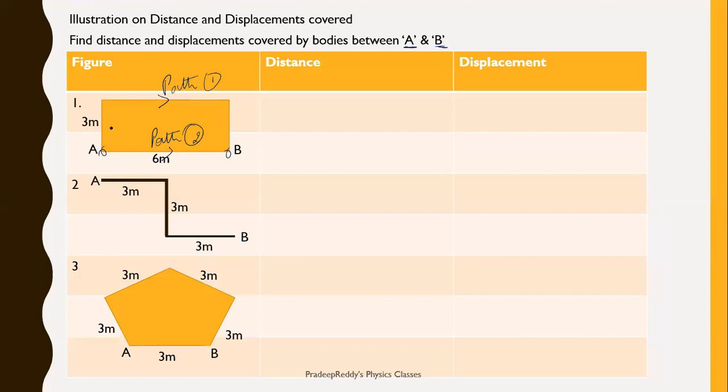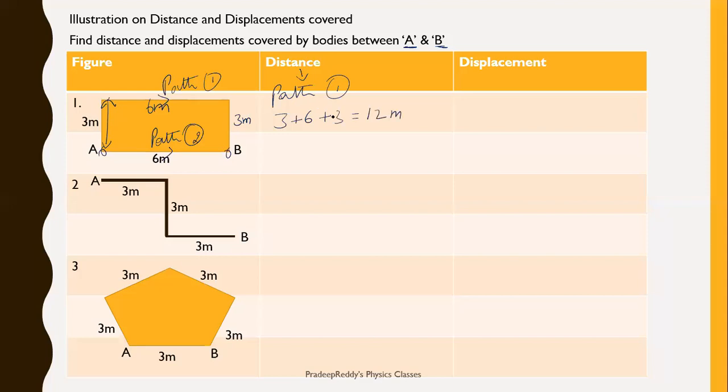Now it is mentioned that the length from here to here is 3 meter, this is 6 meter, and this is also 3 meter. Distance is path 1. Path 1 comes under distance, and the total length of the path traveled will be 3 meter plus 6 meter plus 3 meter, which is equal to 12 meter.